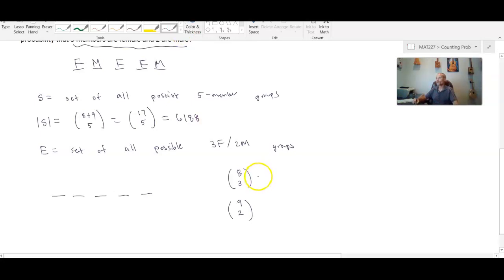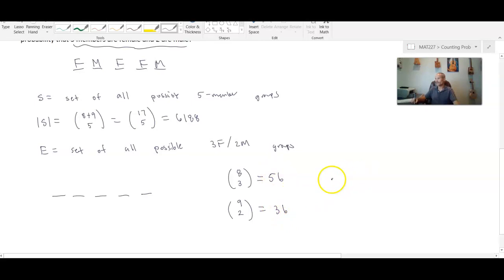These come out to 56 and 36. So that means there are 56 different groups that you could create out of the 8 females, choosing 3 of them, and there are 36 different groups that you could create by having 9 males and choosing only 2 of them. Now, each of these 56 groups has to be paired with each of these 36.